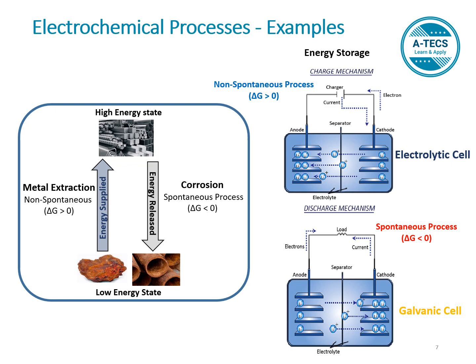During the discharge process, the same battery behaves as a galvanic cell because the stored chemical energy is now being transferred back into electrical energy, and this process is spontaneous in nature. So these are a few examples of electrochemical processes and the types of electrochemical cells.